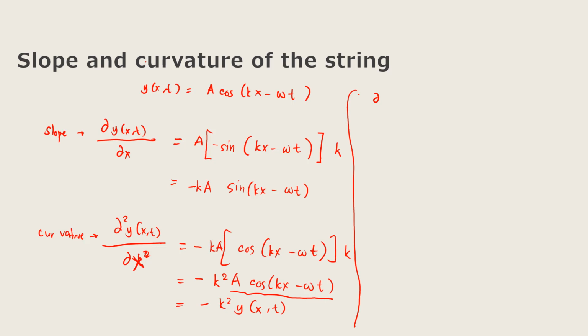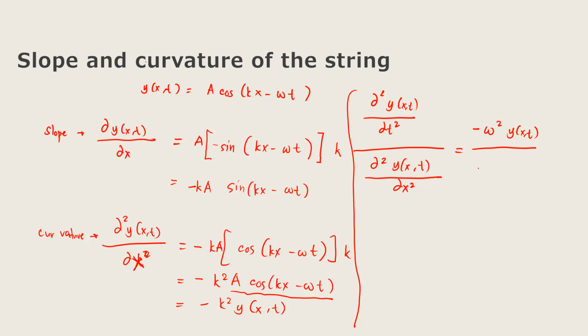Okay, hence if we divide the acceleration, that is the second partial derivative of y of x,t with respect to time, by our curvature, which is the second partial derivative of our displacement function with respect to x, we will obtain, if you can recall, negative omega squared y of x,t over negative k squared y of x,t.